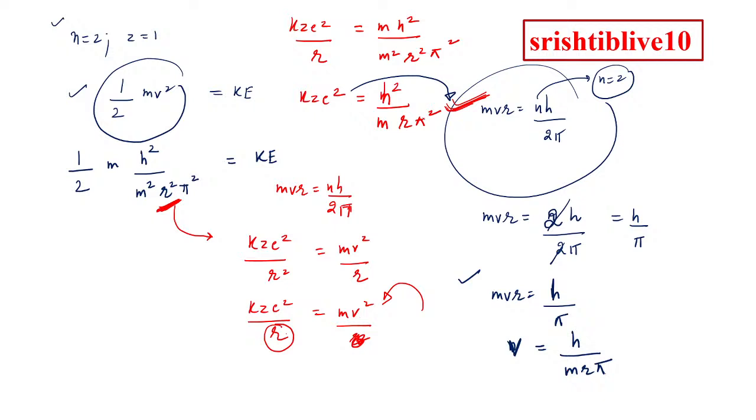Now I have to take this value r over here and keep the constants in one place. h square is a constant, m is a constant, pi square is a constant, k is a constant, z value is 1 because this is for the hydrogen atom, e square is a constant. So this is your Bohr's radius, yes or no? This is the value of r for this expression.